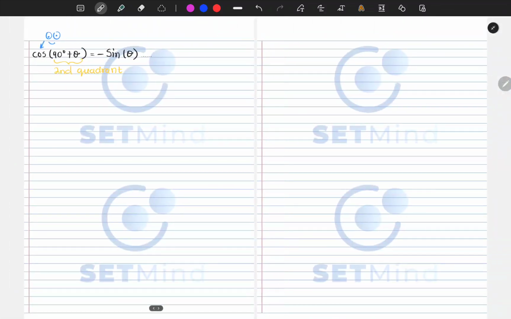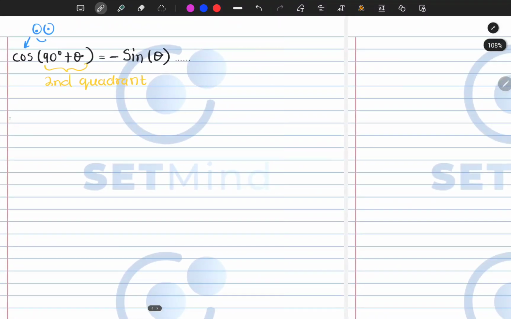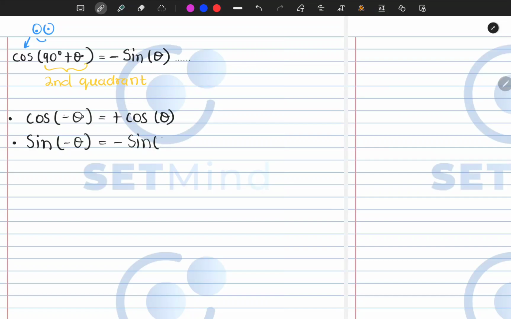Okay, let's have a look at two more cases here. When we have cos of negative theta, the answer is always the same as positive cos of theta. When we have sine of negative theta, the answer is always the same as negative sine of theta.